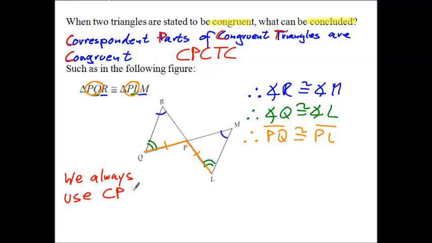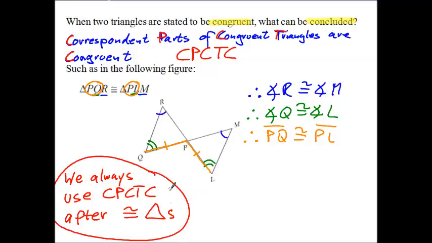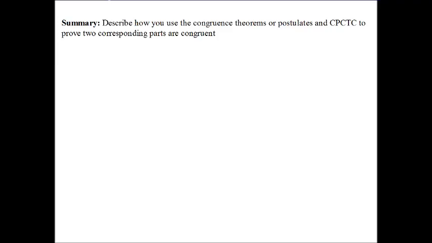First we need to prove that the triangles are congruent, and then we use CPCTC. Write this down, circle it, put stars around it, and highlight it. This is very important to remember.